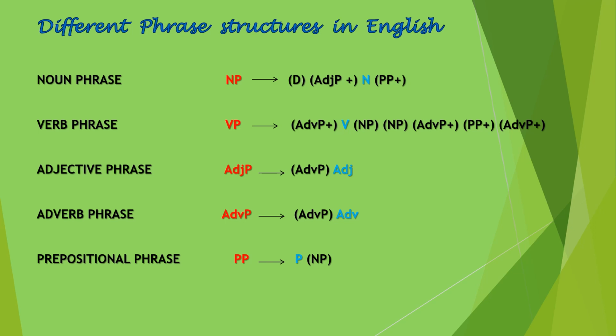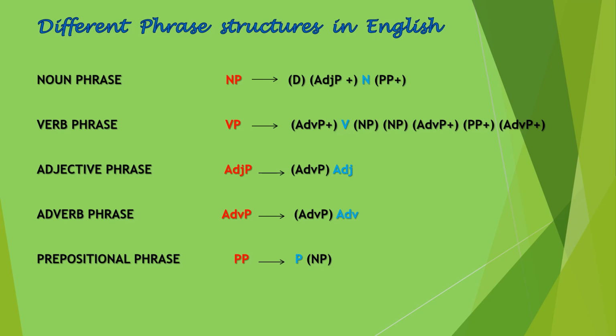So moving on to the adjective phrase. An adjective phrase can have an optional adverb phrase preceding it and then an adjective. Similarly, an adverb phrase can have one more adverb phrase modifying the adverb.